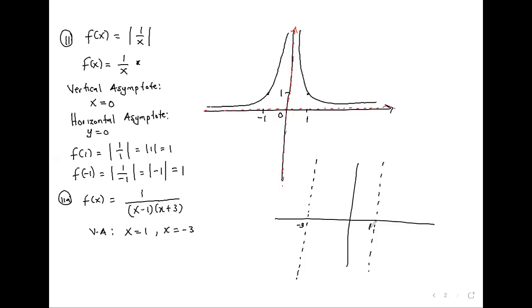No. You equate the denominator to 0 and solve for x. For vertical asymptotes, you equate the denominator to 0 and solve for x. Then horizontal, you check the powers. So y is equal to 0. Then you sketch.